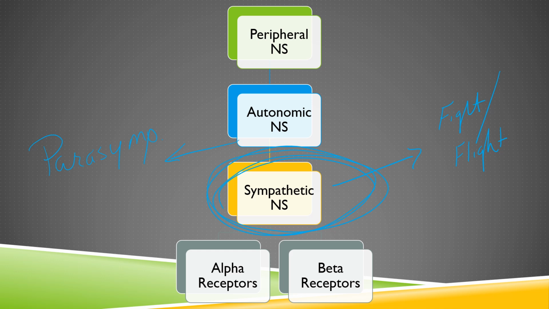And that sympathetic nervous system, again, can't be simple. We've got to make it even more difficult. You actually have two different types of receptors that deal with this. You have one that's called an alpha receptor, you have the other that's called a beta receptor, and they do very, very different things. So here is what you need to commit to memory.